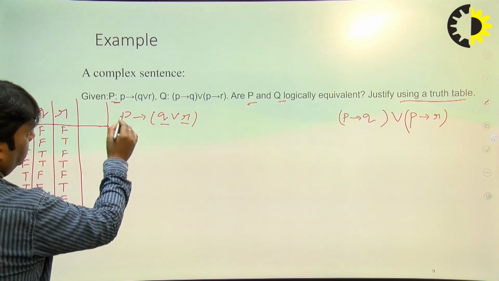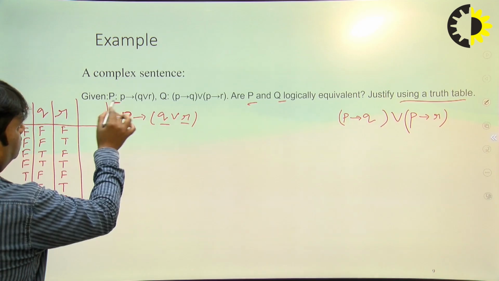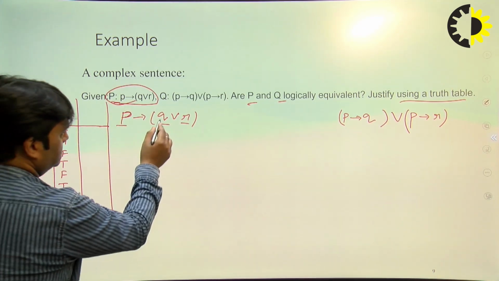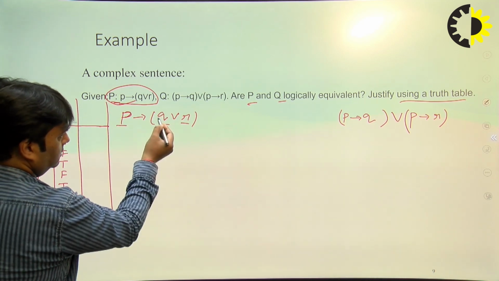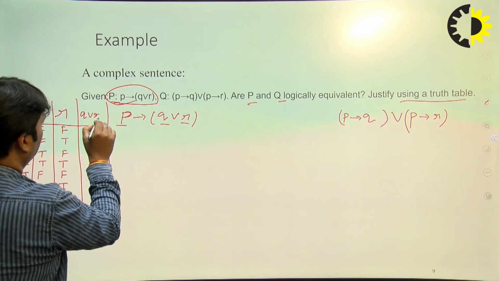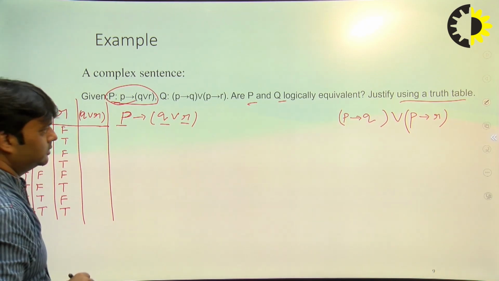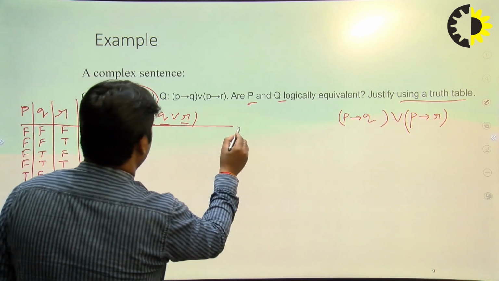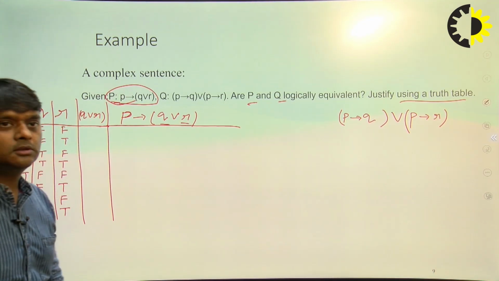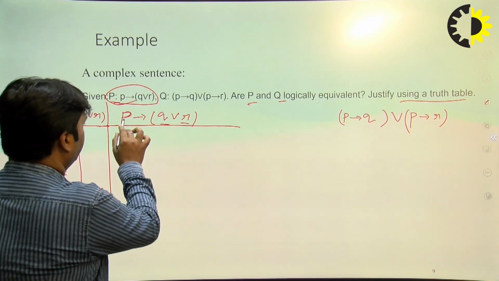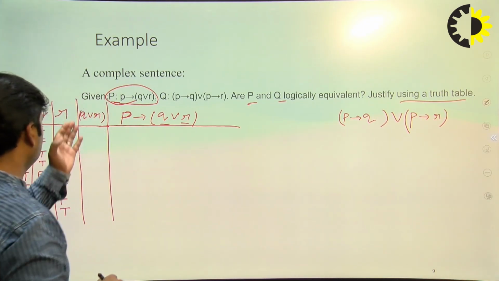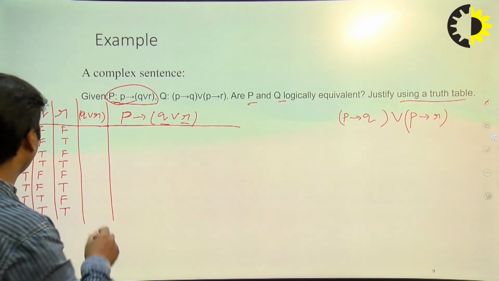So this is our P. First we construct the table for Q or R. We write here Q or R. Then in the next step we write P implies Q or R. So what will be the output for Q or R?